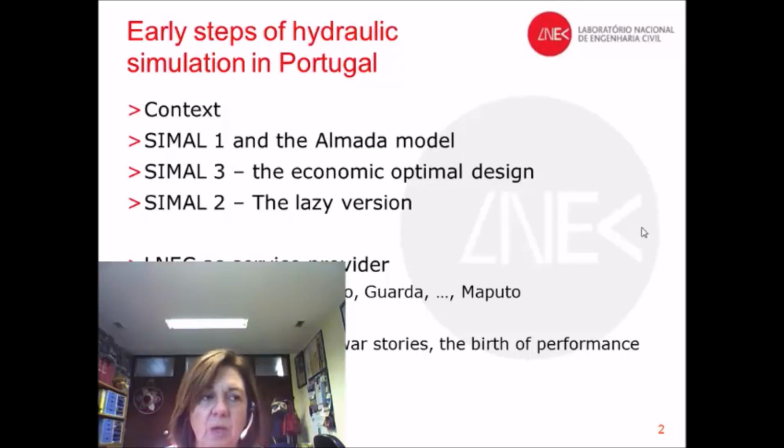Based on that, we converted these results into the correct diameters based on either a maximum velocity criterion or a maximum unit head loss criterion. We had these two options. And then we chose the commercial diameters that better fit that first solution.